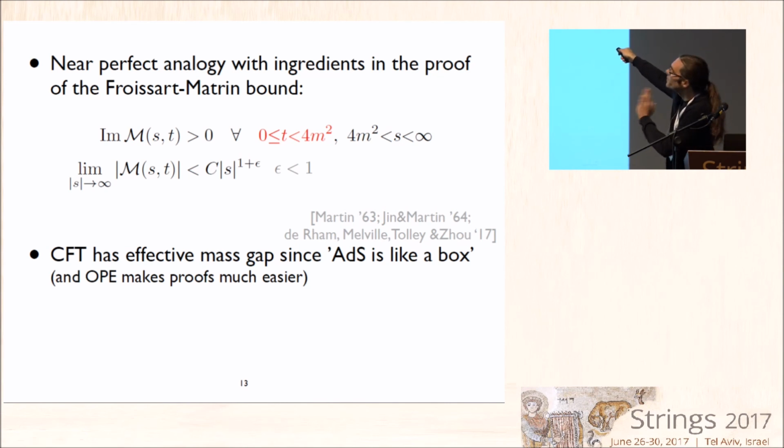We expect more to be true, but this has been proved by Froissart and Martin: if you take t in that range, then you have analyticity in the complex s-plane minus the expected cuts. And that I think is very much analogous to what we use in CFT. But in CFTs, it's actually much easier to prove, which is interesting.